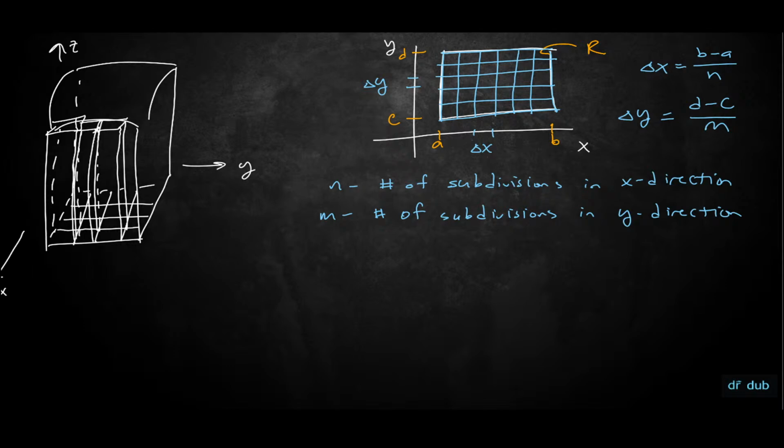And if this point is x_{i+1}, we'll call this y_j, and y_{j+1}. Then this point at x_i, y_j defines a rectangle, and this rectangle we call the rectangle R_ij.